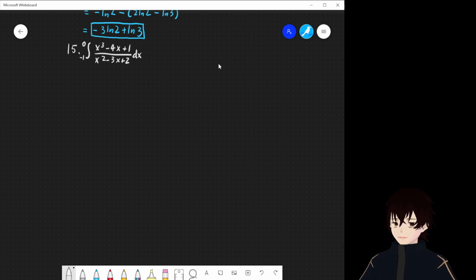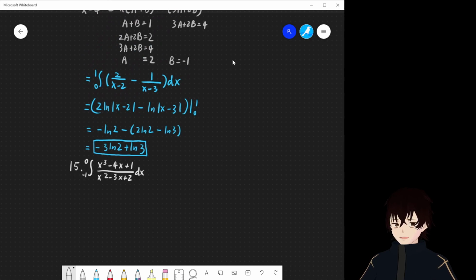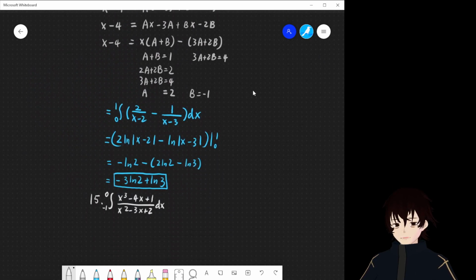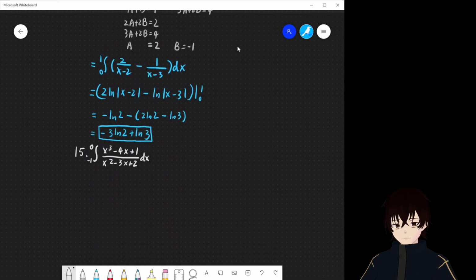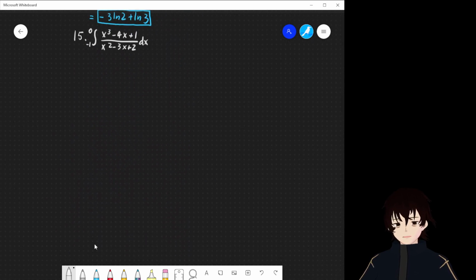I'm actually quite afraid of this problem because the power is greater in the numerator, which means we might have to do long division, and long division will not be pretty with this.